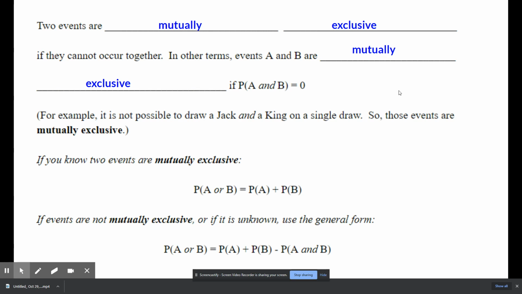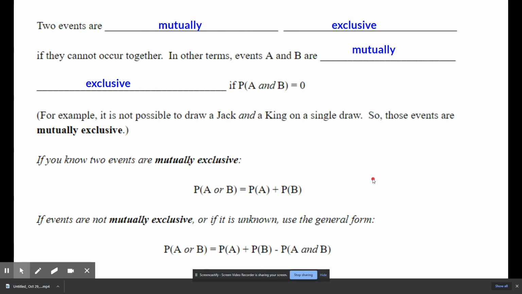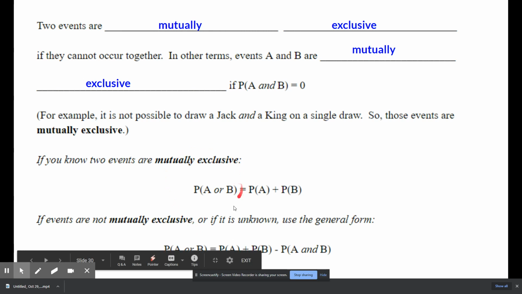Like red or green, you could just add those together. But if they're not mutually exclusive, like drawing a king or a diamond, you have to remember to subtract out the probability of the king and diamond in this case, so that you get the proper probability. So mutually exclusive, you just add. If they're not mutually exclusive, you have to make sure that you get rid of overlap. Don't count things twice.